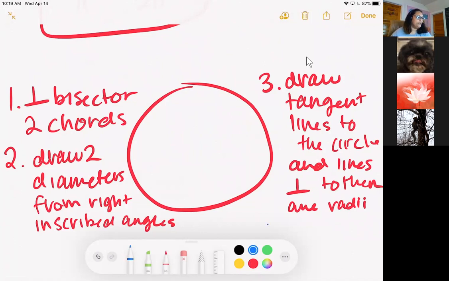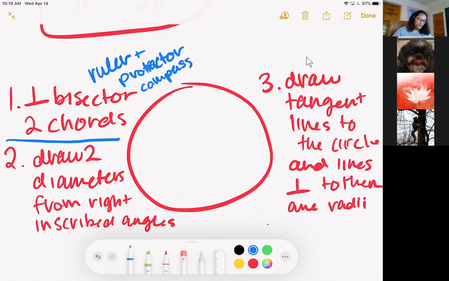So let's break it down. For the 2 chords, you will need a ruler and a protractor, or if you know how to draw a perpendicular line with your compass, you can use your compass.